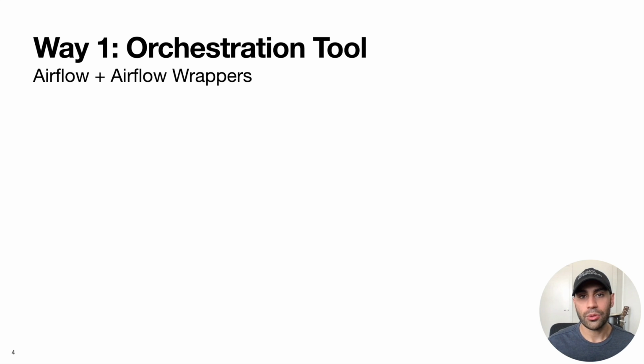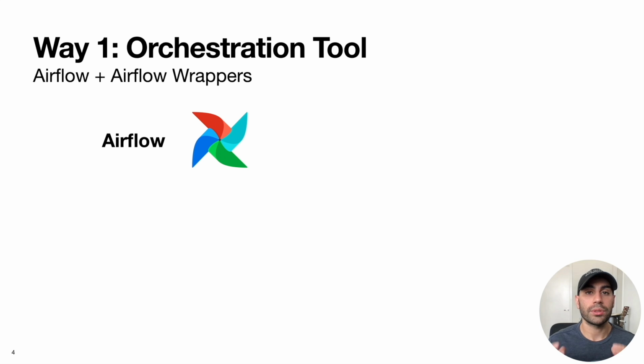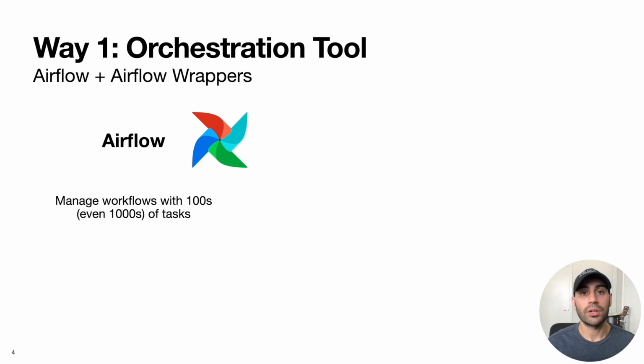The first way, an orchestration tool. I'll start with Airflow because from the dozens of interviews I've had with data engineers and ML engineers, it seems that this has emerged as a standard tool for many building data and machine learning pipelines. One of the biggest benefits of Airflow is that it can handle very complicated workflows that include hundreds and even thousands of tasks.